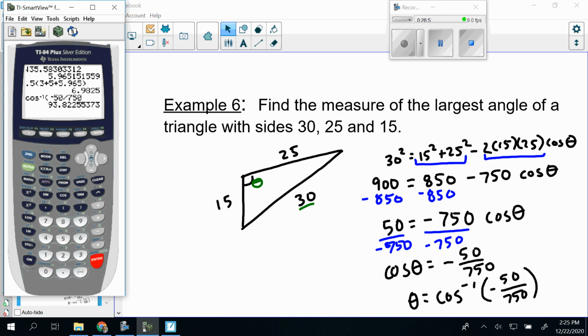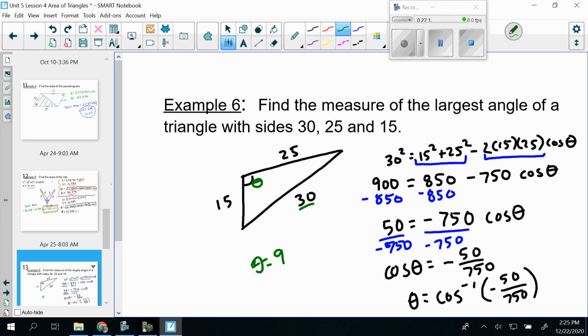So the largest angle in this ends up being about 93.823. Oops, sorry, 93.8 degrees. So there's our missing angle.